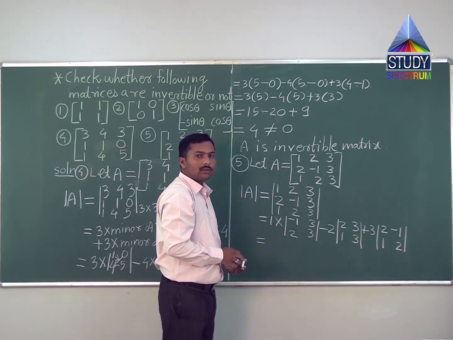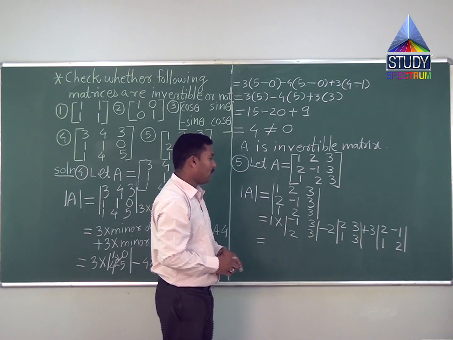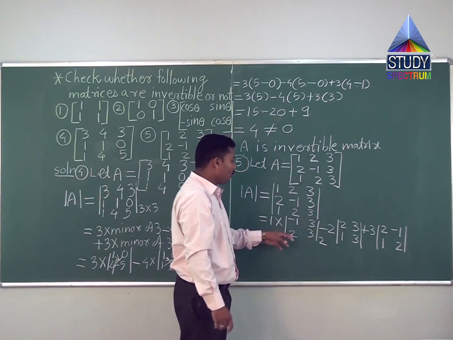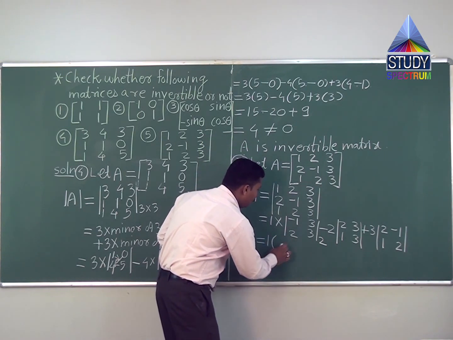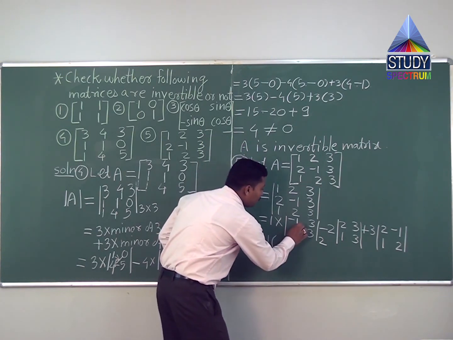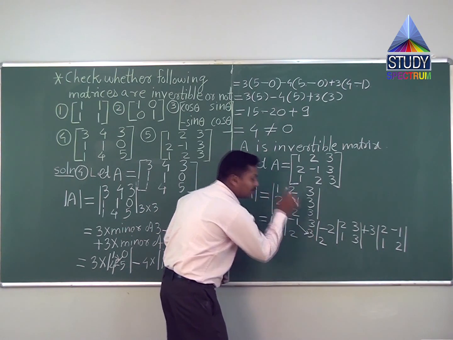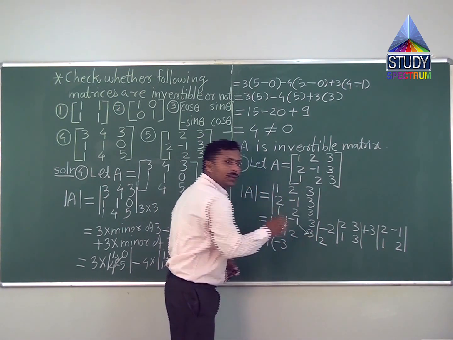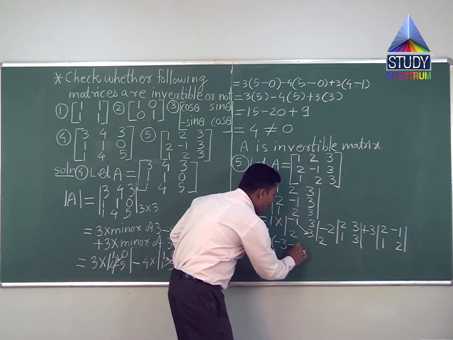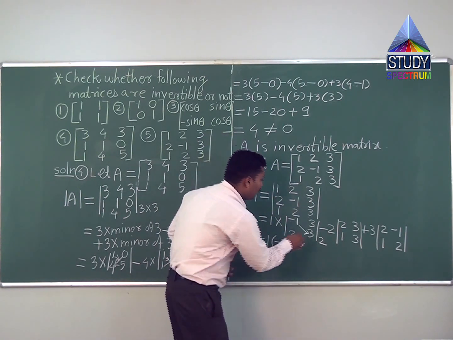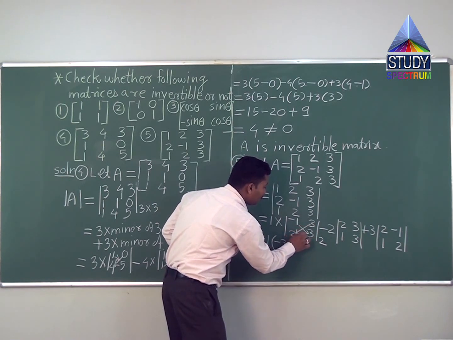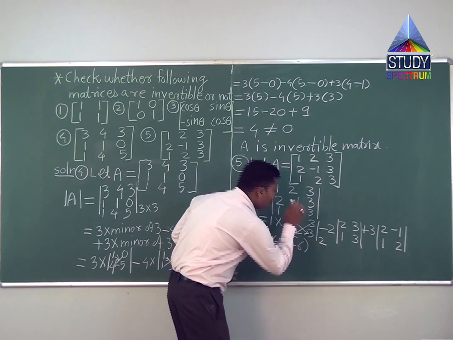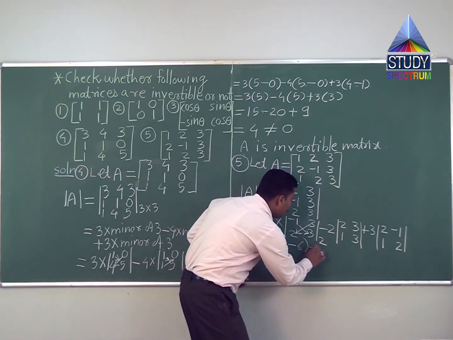Again we expand this determinant of second order using the same rule: 1 into 3, minus 1 into 3, minus 3, minus this number 3 into this number 2, 3 into 2 is 6, minus 2.